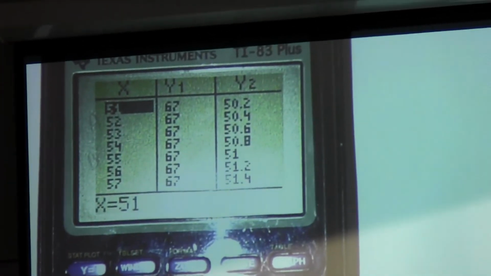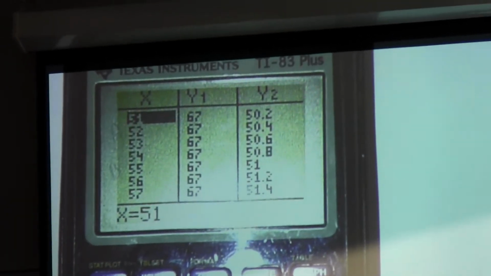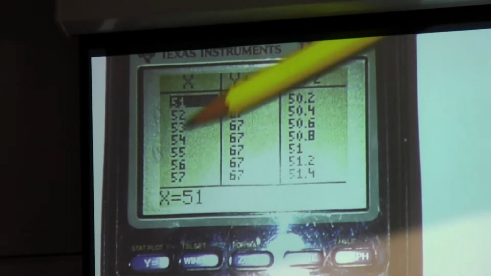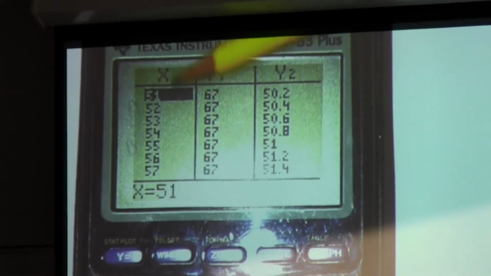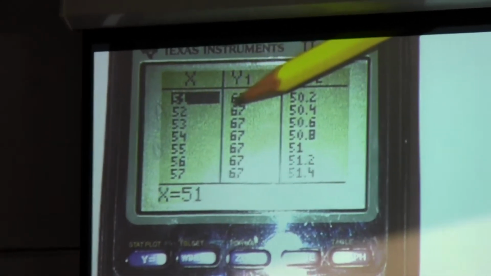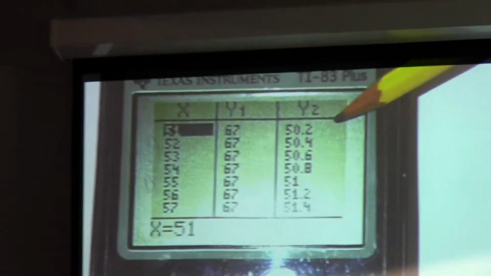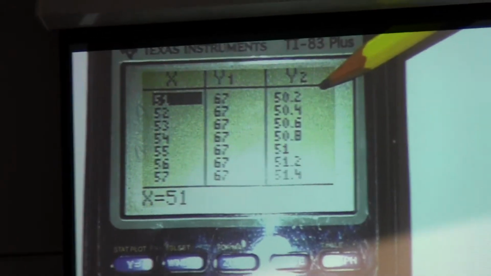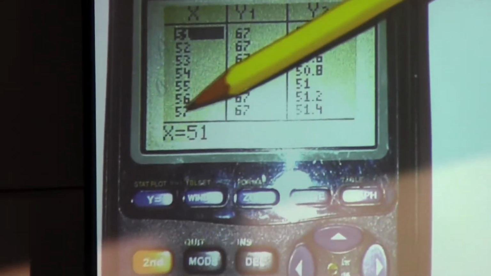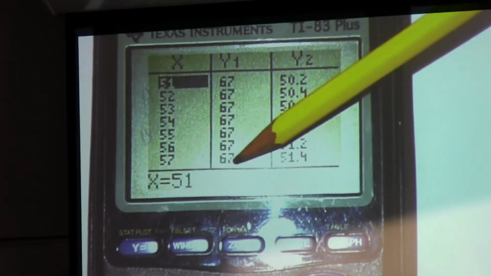So, what we're doing when we're looking at our table is seeing these are the independent variables. These are the different number of texts they're plugging in. So if you put in 50 texts, the unlimited plan still costs you $67. The variable plan would only cost you $50.20. If you made 57 texts, unlimited, $67.